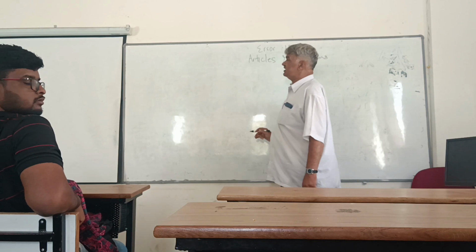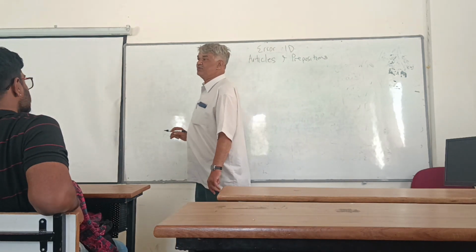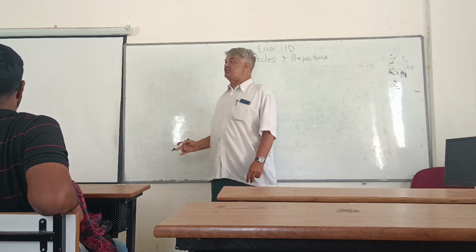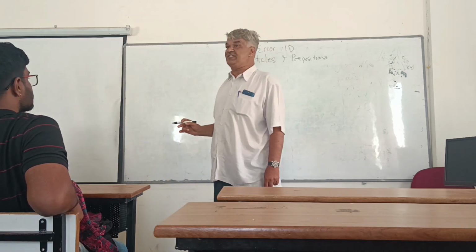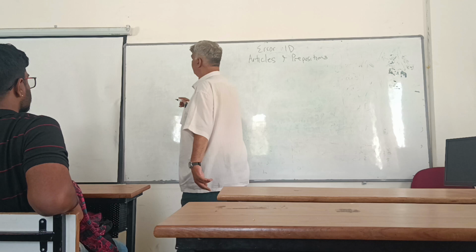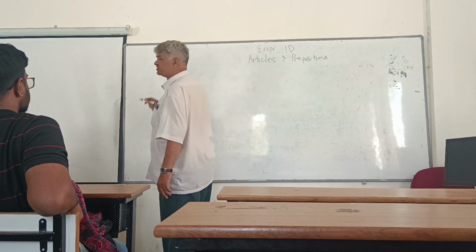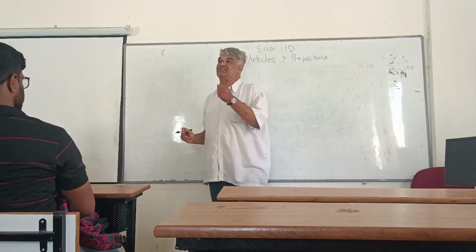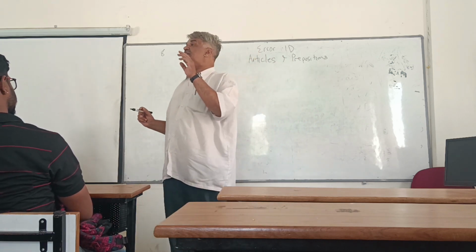Now, why do we need to know about so many parts of speech? As you know, there are 8 parts of speech: noun, pronoun, verb, adverb, adjective, preposition, conjunction, and interjection.